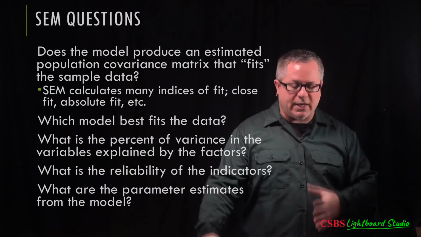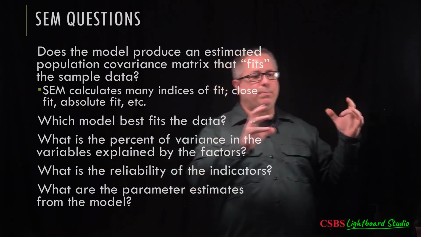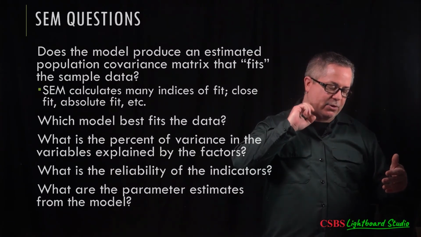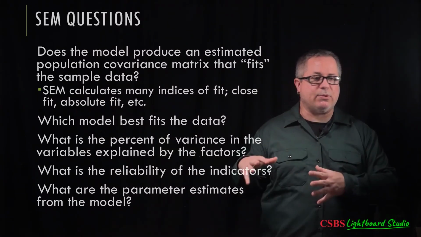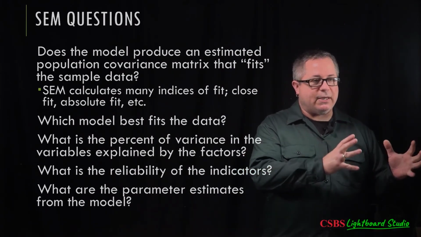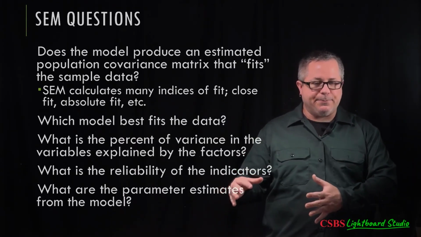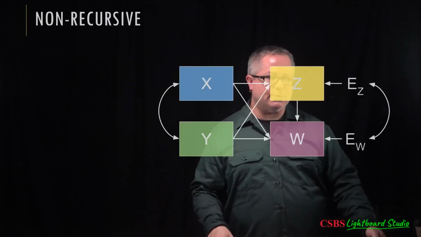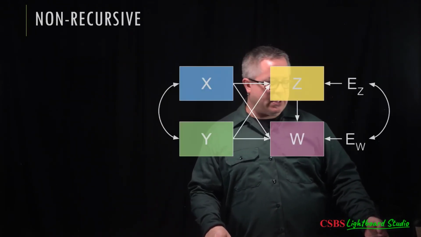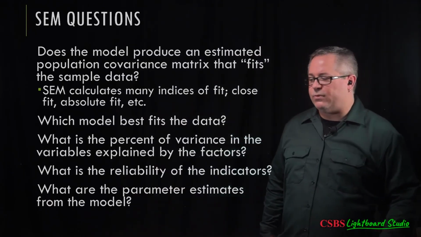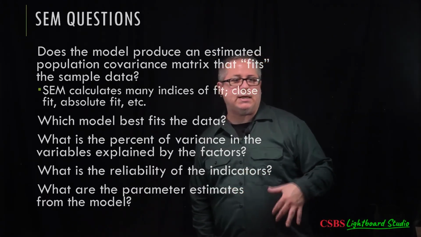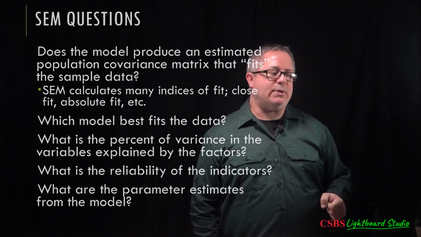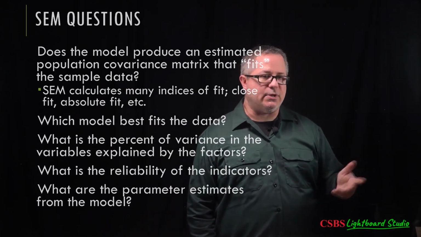What we're actually doing is we have a sample, and now we're trying to figure out, if I were to hypothesize or theorize about the population that I think this sample comes from, what would that look like? And then does that actually explain my data? So when you actually draw these models, we're trying to estimate what the variables look like in the population and estimate a population version of our matrix so we can compare it to our sample to see if it actually fits.